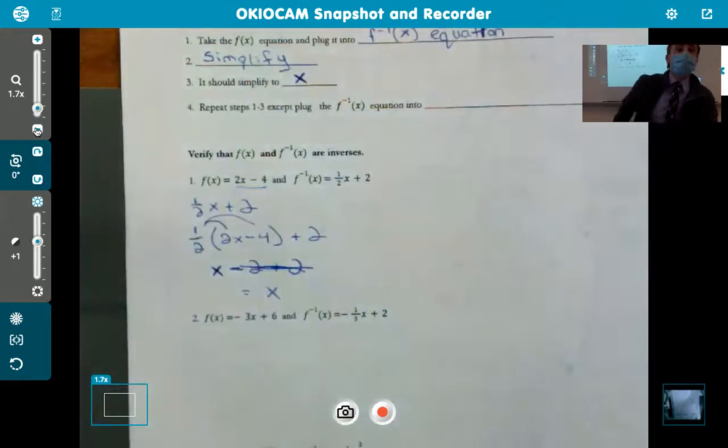And one thing that's pretty unique as you're writing that down, think about what kind of symmetry a function and its inverse have. y equals x symmetry. So when we go through and we find the composition of functions, we should get x out every time if that's truly the inverse, right? So we're seeing that some of those ideas from before connect not only with graphing, but what we're doing here algebraically as well. Pretty cool stuff.